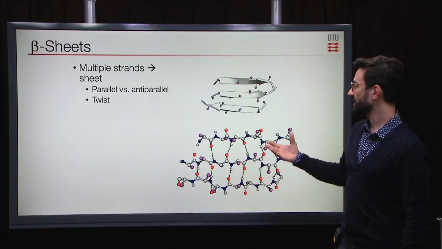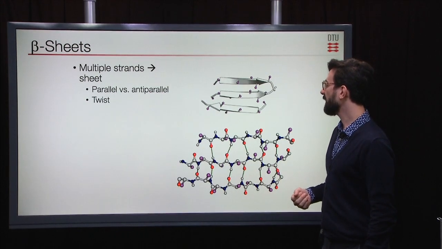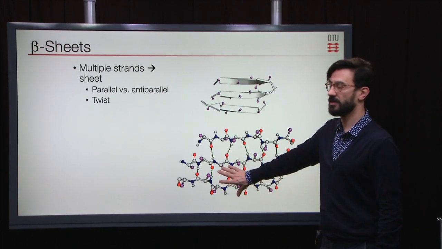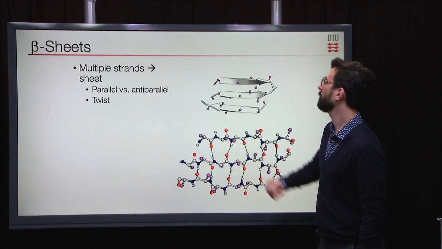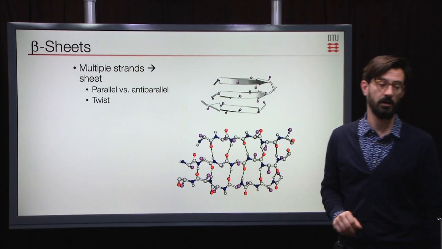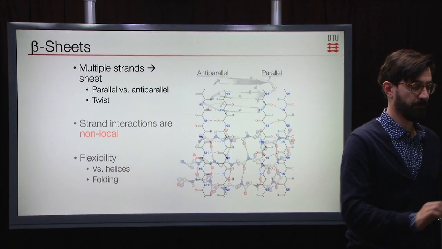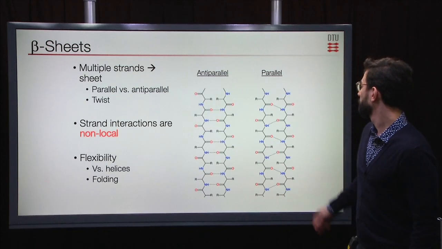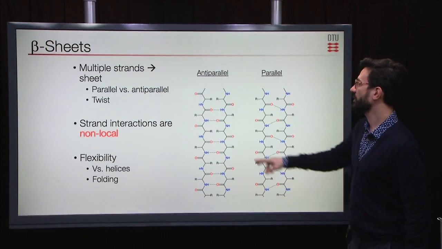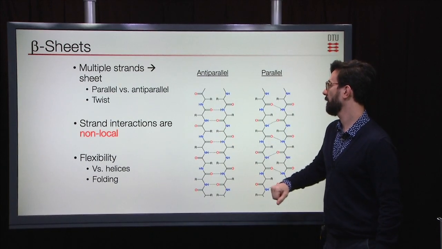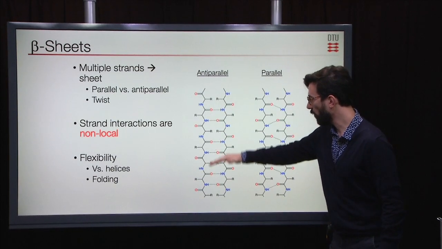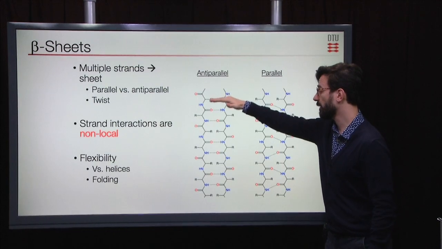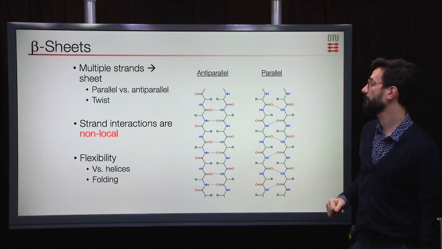What this means in terms of stability is that antiparallel beta strands are generally a bit more stable than parallel interaction. We have another representation here in which you can see that the antiparallel H bonds are more ordered than the parallel ones.